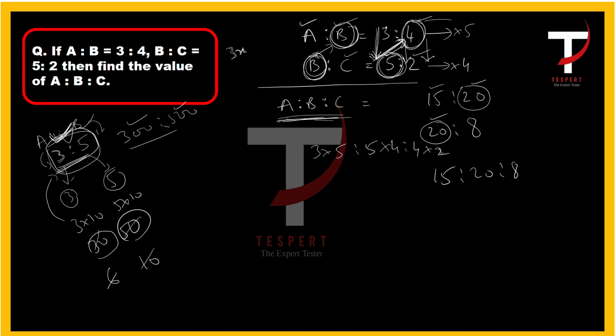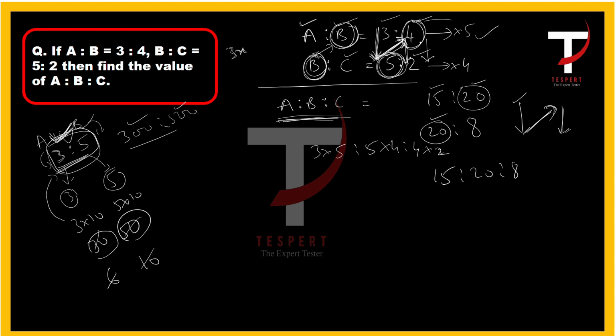So one is downwards, the second is diagonally, and the third one is again downwards, like this. First one, second one, and third one, right? You can follow either this one or this one, anyone you can follow.